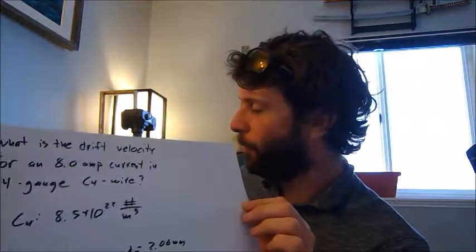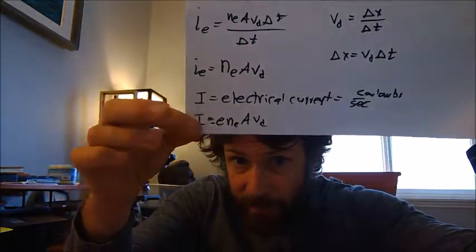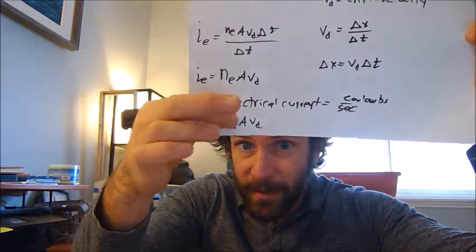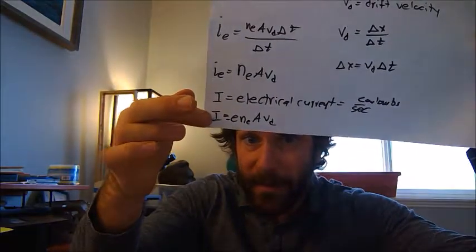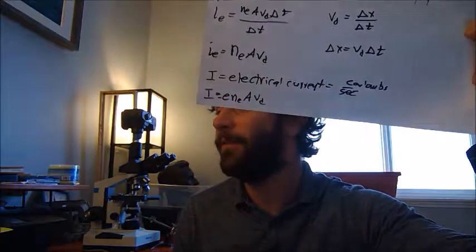And let's pull up a formula that we had from last time. We kind of ended here. Electrical current, negative e, free electron density, area, drift velocity. Well, I think we know I is 8 amps. e is something we look up. n_e is that number I gave.